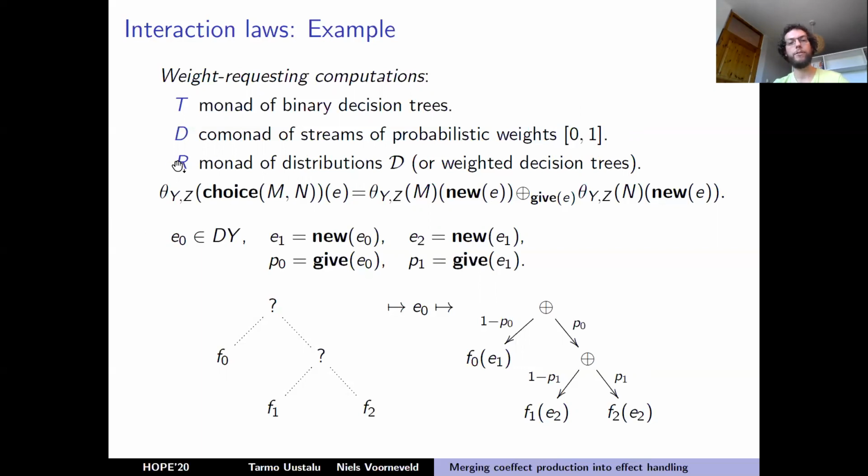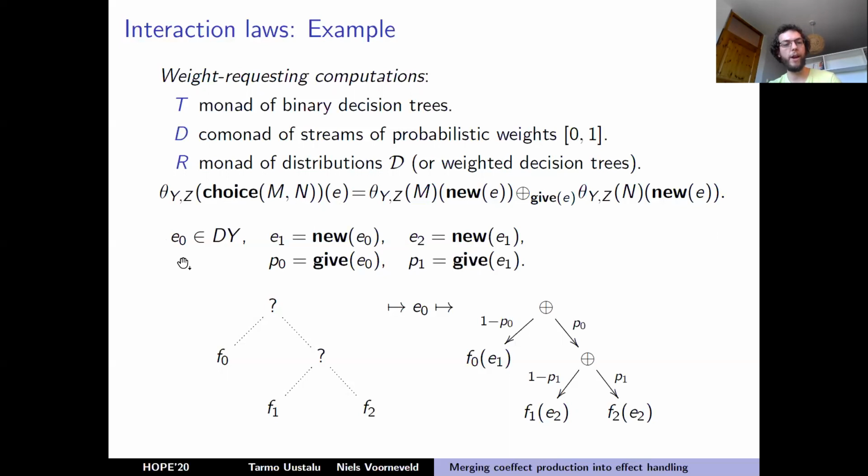And so as a residual effect, we still have some weighted decisions that may be resolved, which could be, for instance, stored in the monad of distributions. And so the interaction can be specified in the following way, where if we encounter a choice, we ask of the environment what weight is given, and then we do a probabilistic, weighted choice to either go to the left or the right, and then we use the new state of the environment.